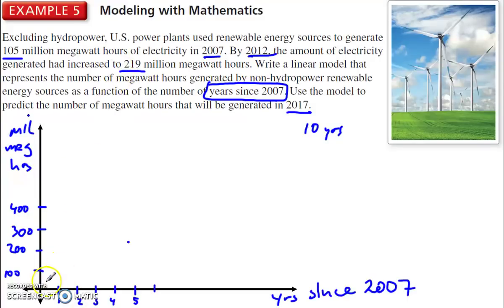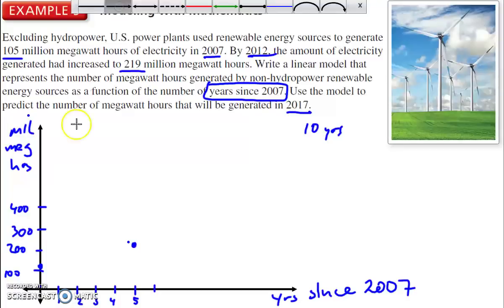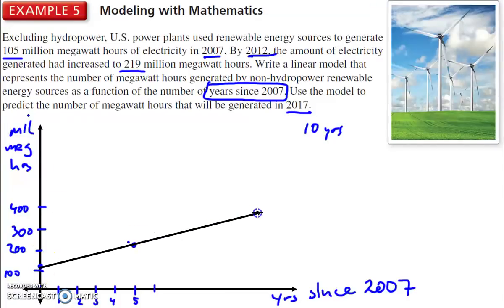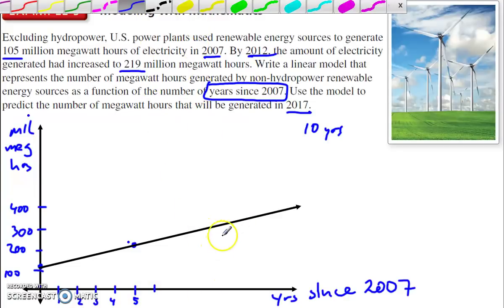Okay, so in 2007 we're starting at 105, somewhere right around there, and then in 2012, which is 5 years later, we are at 219, so approximately like this. Now we're going to use that to predict. Okay, so somewhere in 2010 over here we could read a value. Now, if we graph very accurately, we could use the graph. But instead, we're going to make a model for this.